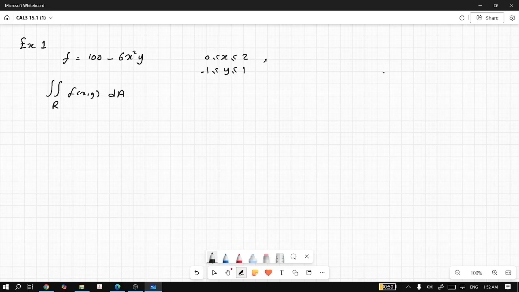In that first example, we will solve it both ways, dx dy and dy dx, to see the difference between them. And later on, you will be free when it's required from you to find the volume. You can use either way, or if you are obliged, you have to use the way that you are obliged to use.